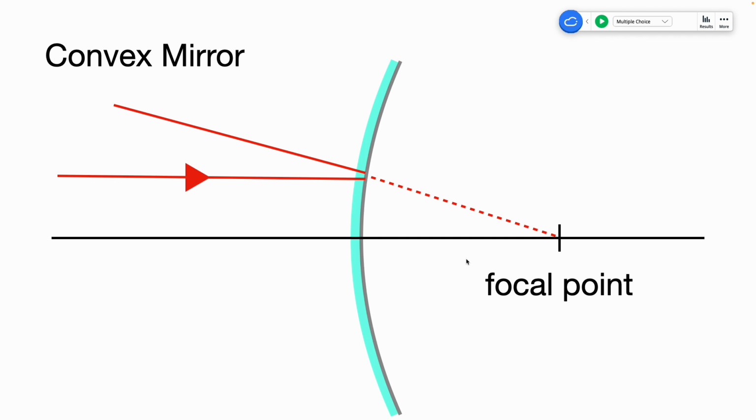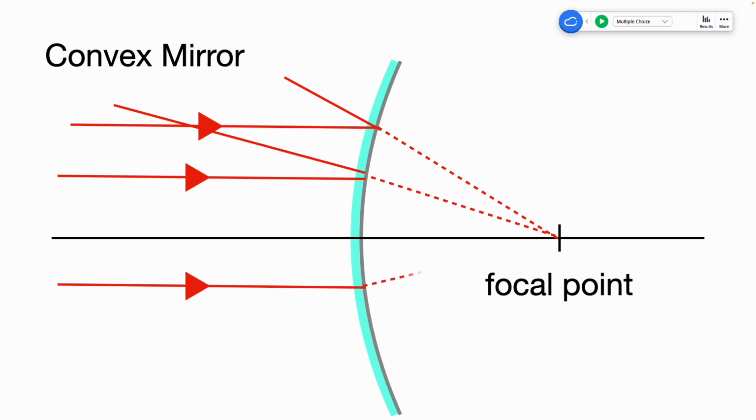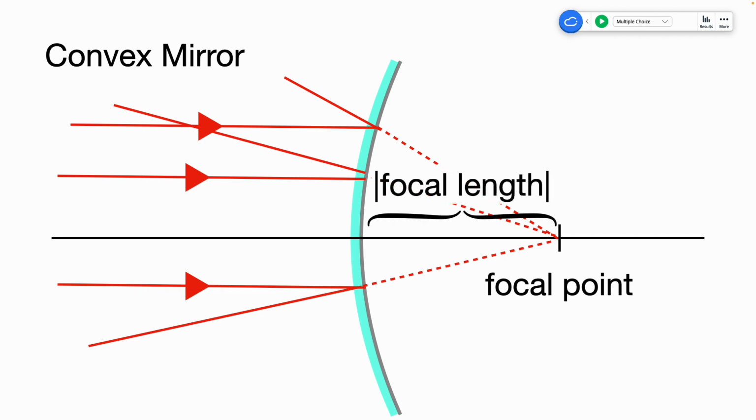So you'll see overall what it does is that it will make the light diverge. If I have another light ray that is also parallel, it will be reflected such that the extended line will pass through the focal point behind the mirror, like this. So this is what a convex mirror will do, and we also call this length the focal length.